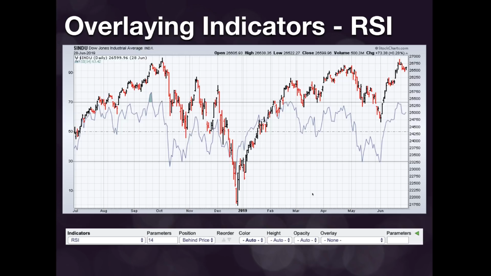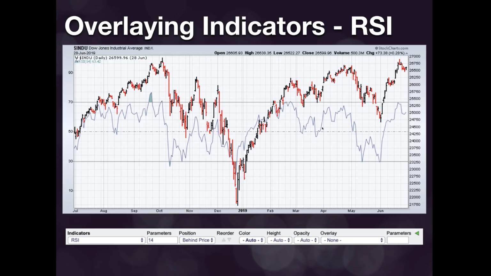Okay, so that's interesting. Why might we do that? Well, the key reason is, maybe it saves some pixels for you. Maybe it makes your chart a little more compact. But typically people would do this so that they can compare the movement of the indicator with the movement of the price bars. So when the RSI is going up, is the Dow going up?